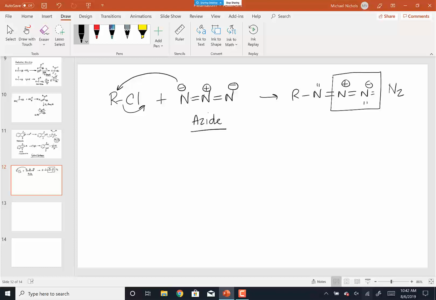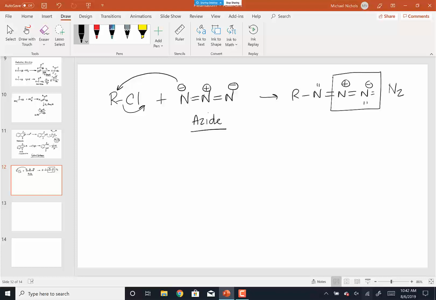In general, that's bad, because whenever you embed a gas molecule into a molecule, it has a tendency, if it does decompose, to form a gas and explode.